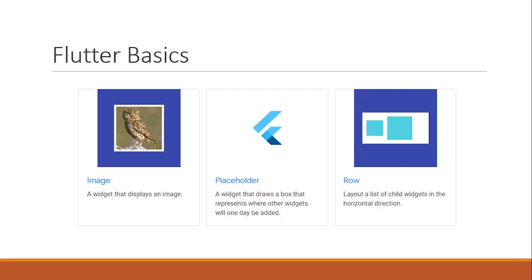So this is a widget that draws a box that represents where other widgets will one day be added. So when we say placeholder, this is a temporary logo or temporary widget that will be displayed. So for example, if your image is still loading, you can display the placeholder.